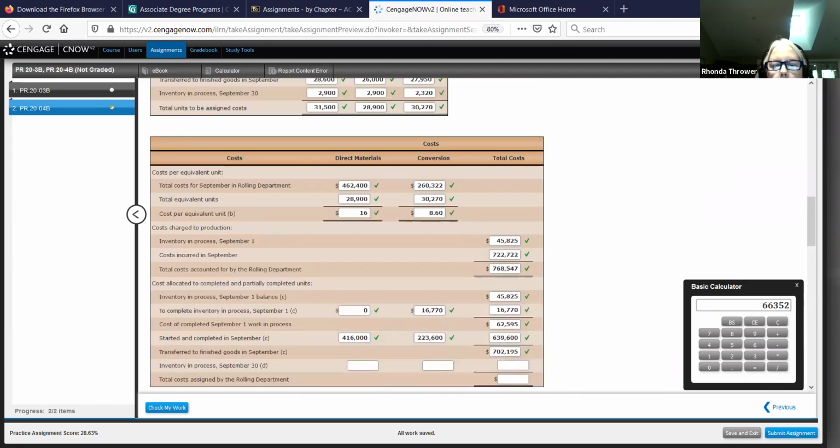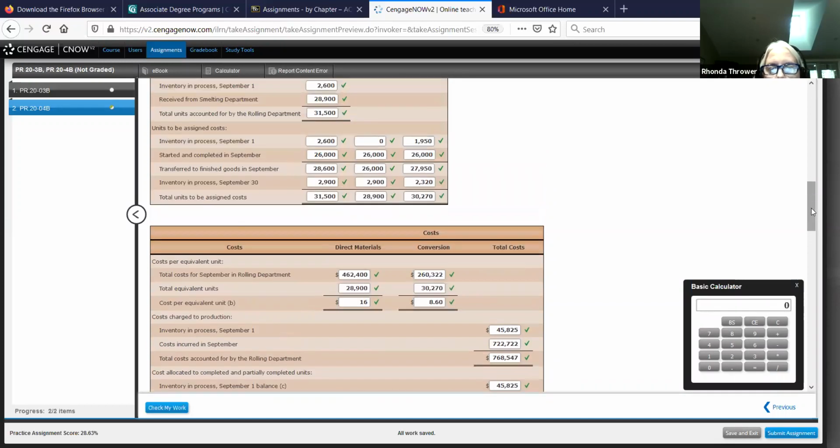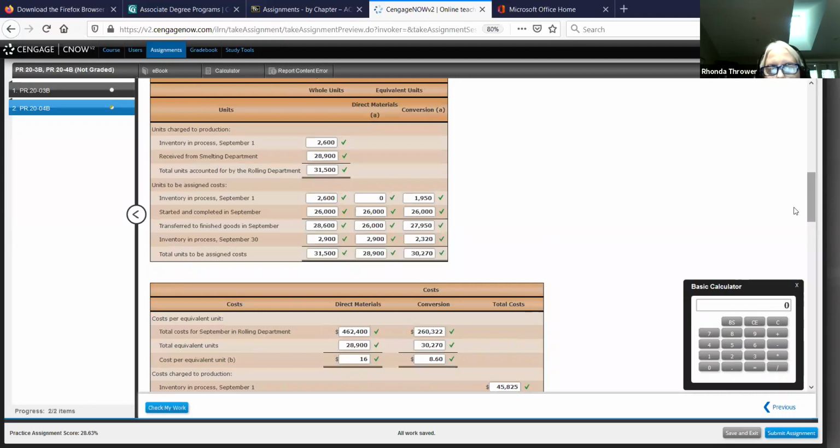Now, we want a breakdown of what it cost us in that ending inventory. And so we're going to start by determining the materials for our ending inventory. Because we're looking at materials, we want to look at the units of materials in ending inventory that were equivalent units.